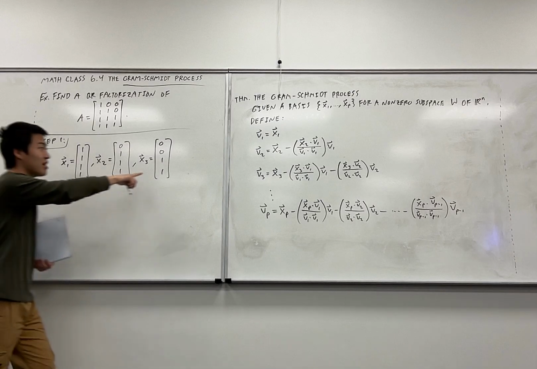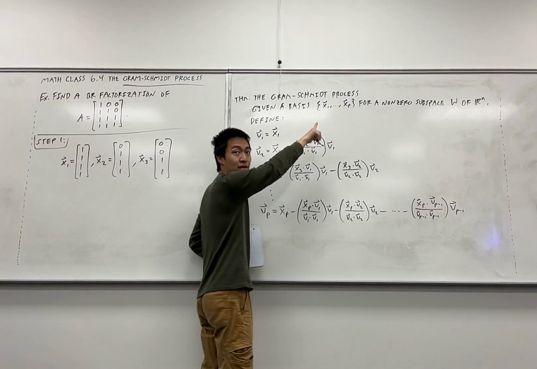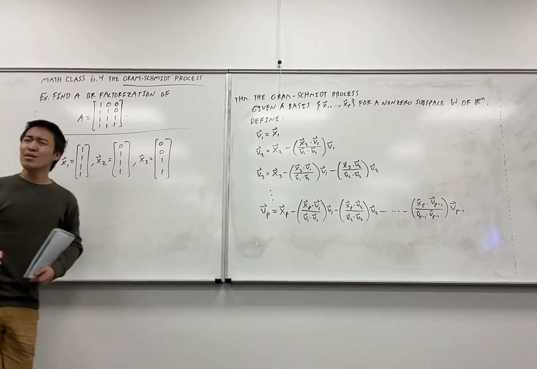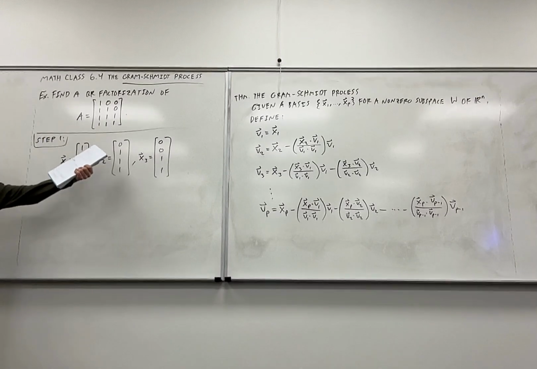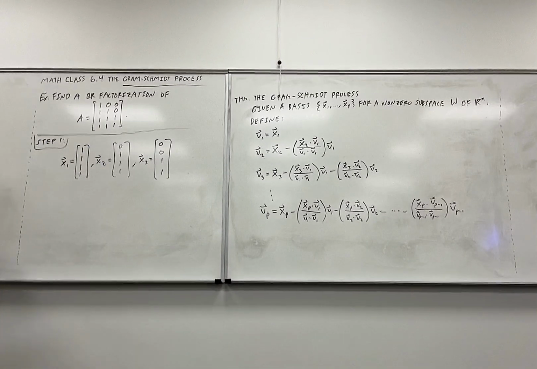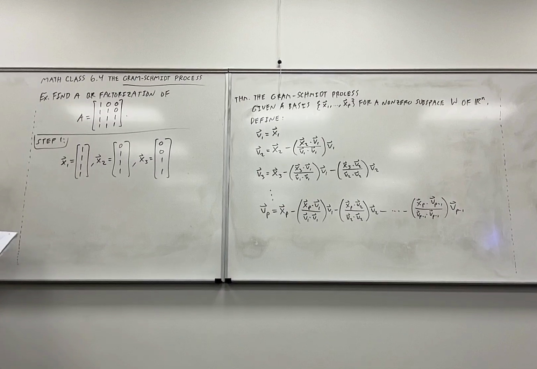These are precisely the x's that are the input to the Gram-Schmidt process. Why do I need Gram-Schmidt? Well, in order to do QR factorization, if you look at the definition, Q requires orthonormal columns. We can't even get to the normalizing part if we don't have orthogonal columns.